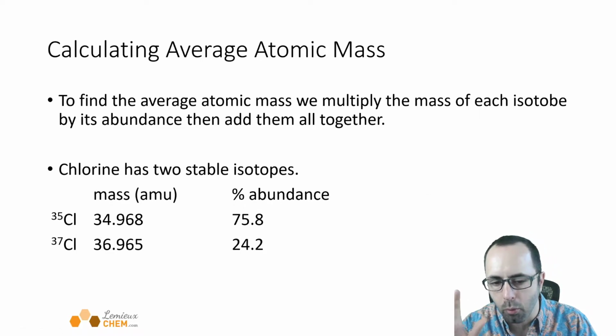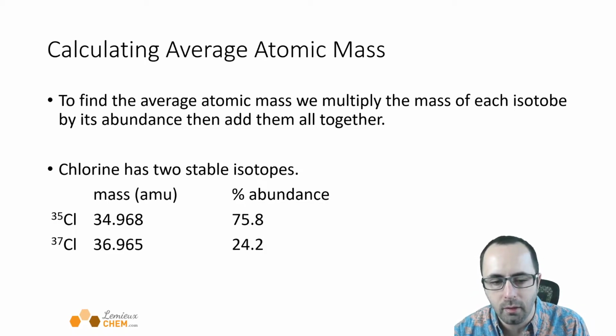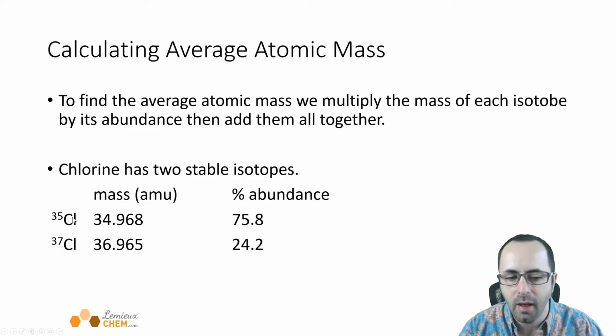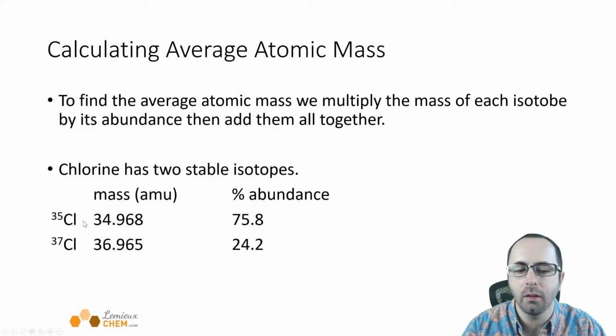So this is a more realistic problem than our last one. Let me show you a little bit of differences or nuance here to this problem. First of all, chlorine-35, that has a mass number of 35, doesn't actually weigh exactly 35 AMUs. It weighs slightly less, and so we've given the actual mass for chlorine-35.